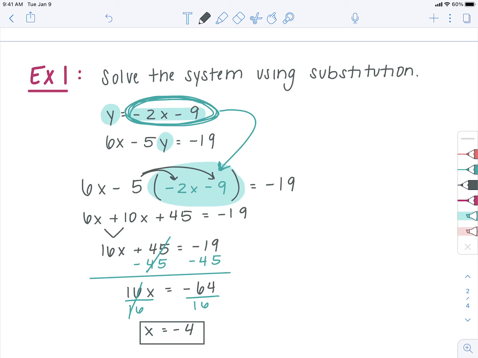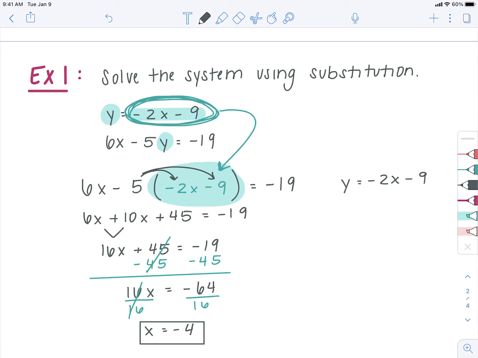So I'm going to take this first equation, y equals -2x minus 9. Now I could have picked either equation, but I'm intentionally picking the one that just says y equals because that tells me I'm just going to have to plug in and it's going to be easier for me. If you picked either equation, you would be okay.